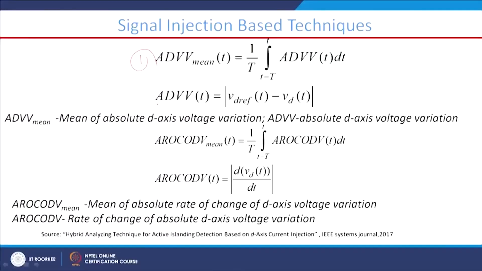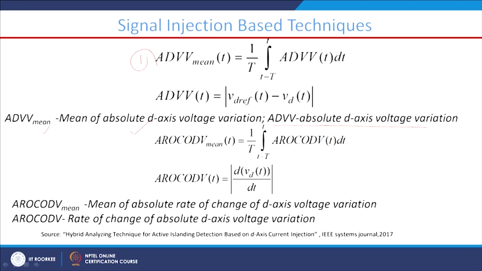From there, other indices are calculated. The first one is ADVV mean. ADVV stands for absolute d axis voltage variation, and this is its mean.